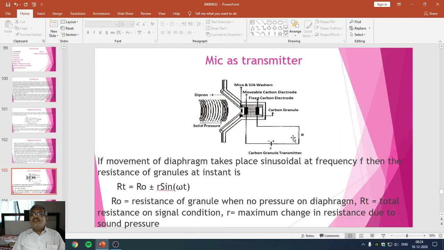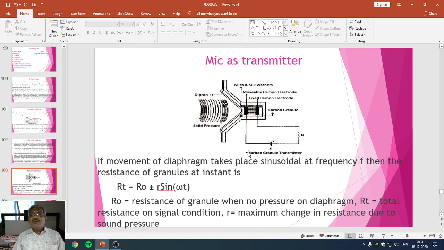This current generates the EMF or voltage which is given to the telephone link for further communication with the help of the telephone exchange.